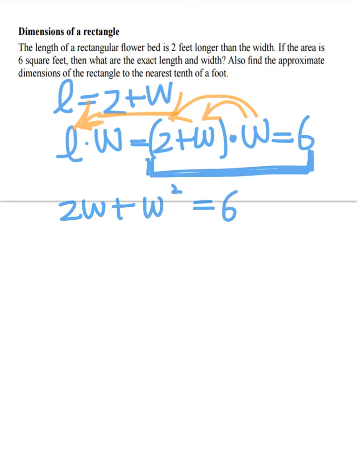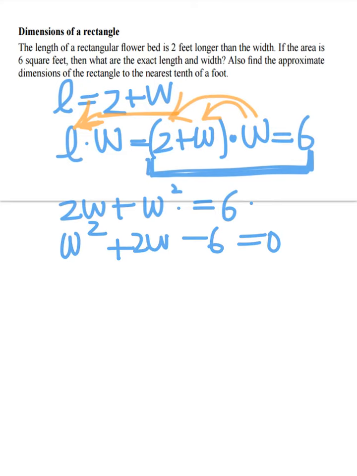And I'm going to move the 6 to the same side and write it in a more familiar order: w squared plus 2w minus 6 equals 0. That's because I subtracted 6 on both sides.